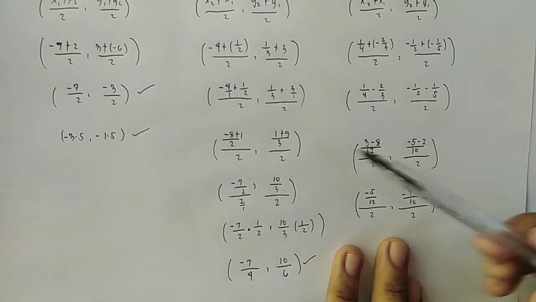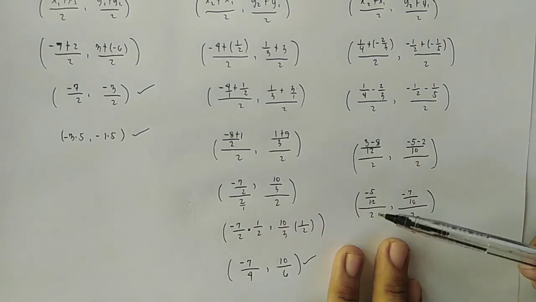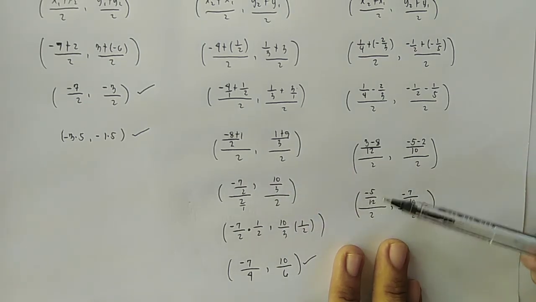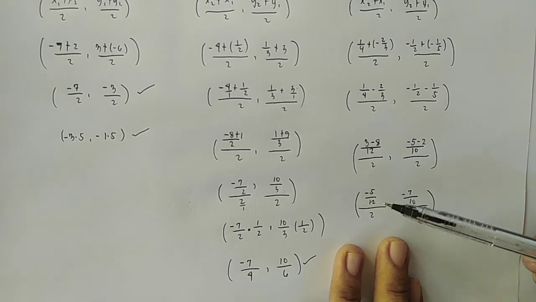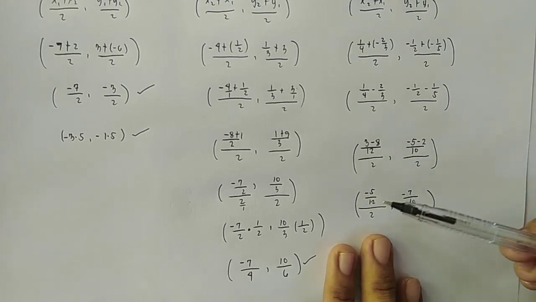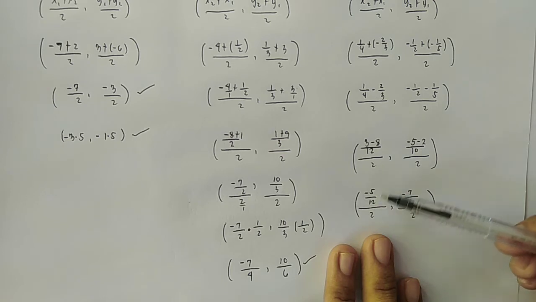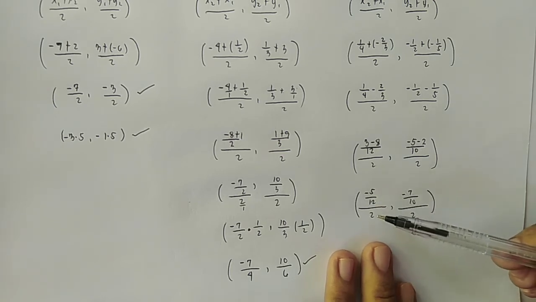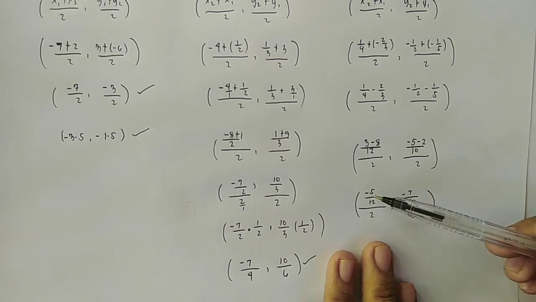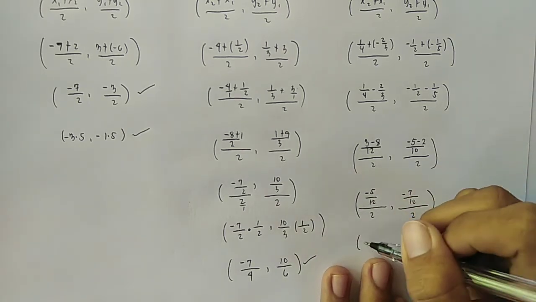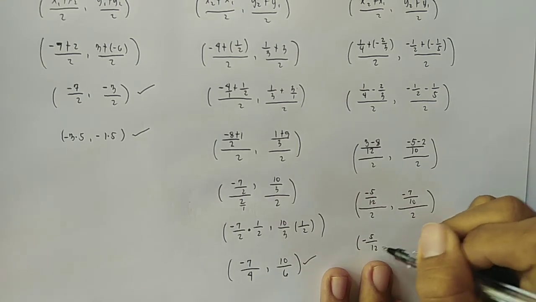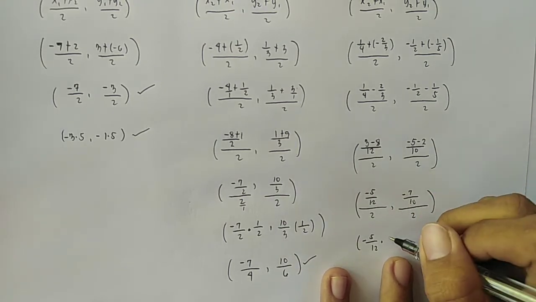This can be expressed in the simplest form using the rule for dividing fractions: get the reciprocal of the denominator, which is 2, and multiply it to the numerator. So we get negative 5 over 12 times the reciprocal of 2, that is 1/2.